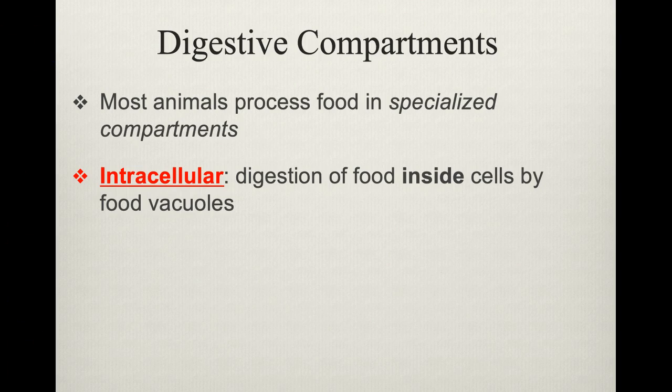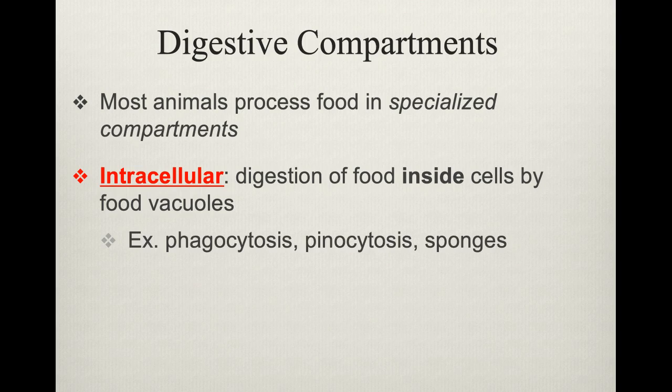Examples of intracellular digestion are phagocytosis and pinocytosis, and sponges do this. Now, the difference between phagocytosis and pinocytosis is that phagocytosis brings in solid food particles.